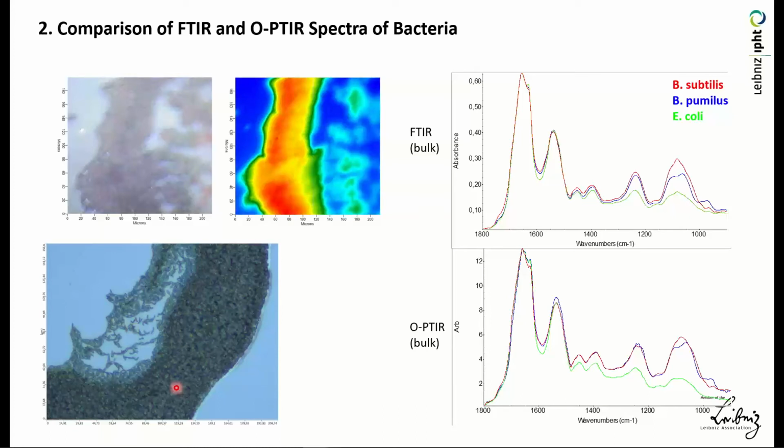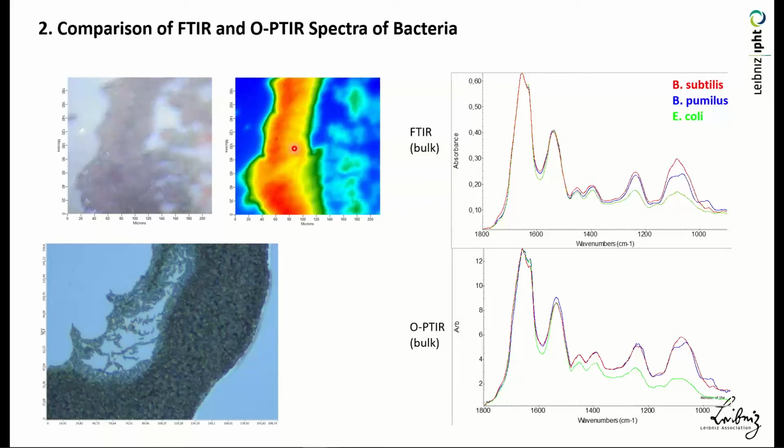So here we compare FTIR and O-PTIR spectra of bacteria. It's straightforward in an FTIR image to extract a bulk spectrum: a certain area can be selected, and then an average spectrum can be calculated.